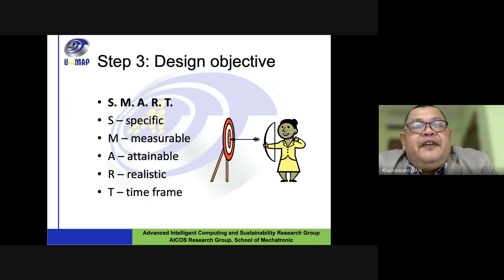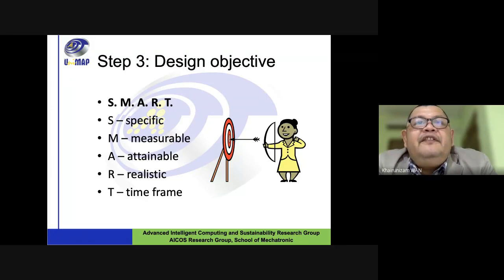S is specific: your research objective must be specific. Your research objective must be measurable. A is attainable, R is realistic, and T is time frame. So use the SMART criteria to design the research objective.